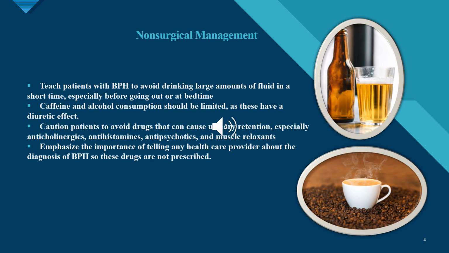Caution the patient to avoid drugs that can cause urinary retention, especially anticholinergics, antihistamines, antipsychotics, and muscle relaxants. Ideally, educate the elderly that if they have medications that can cause urinary retention, to always confide in the physician or the nurse practitioner.